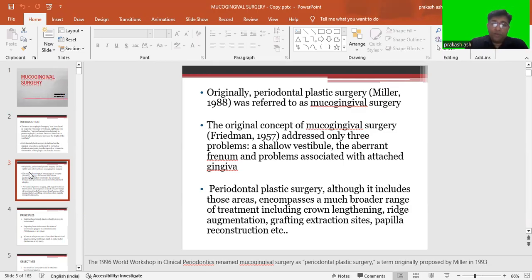The original concept of mucogingival surgery addressed only three problems: shallow vestibule, the aberrant frenum, and problems associated with attached gingiva. Periodontal plastic surgery, although it includes those areas, encompasses a much broader range of treatment, including crown lengthening, bridge augmentation, grafting, papillary reconstruction, etc.